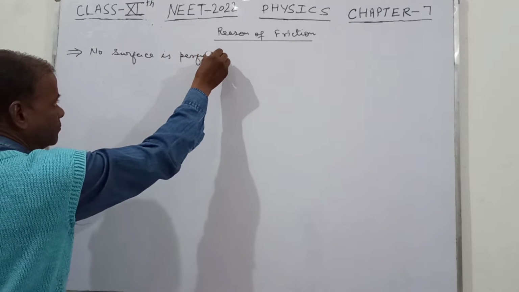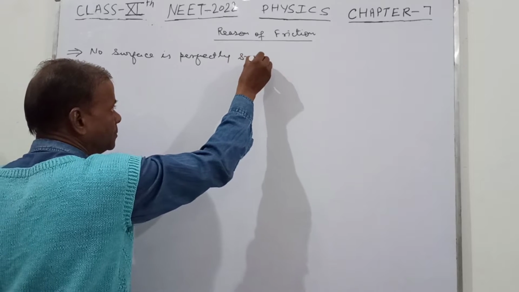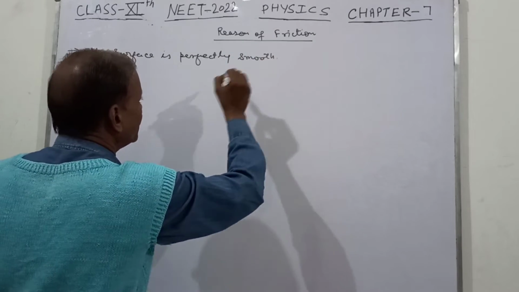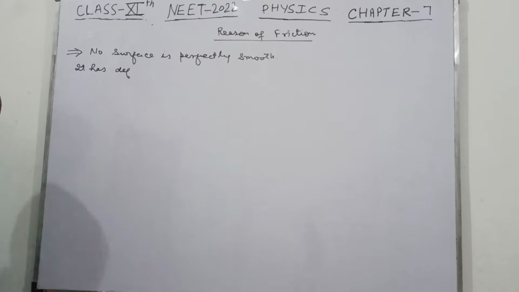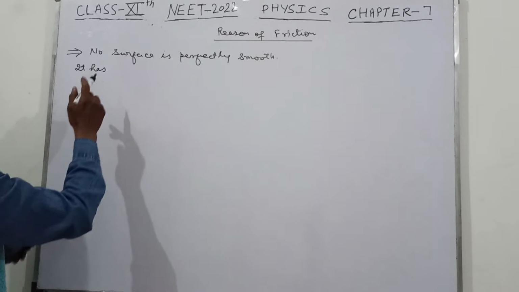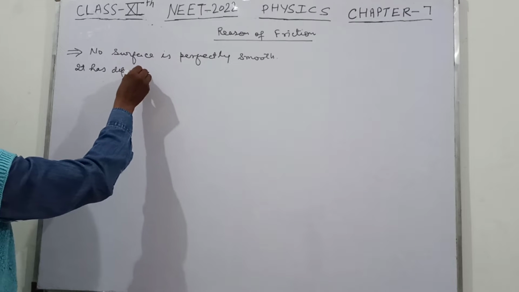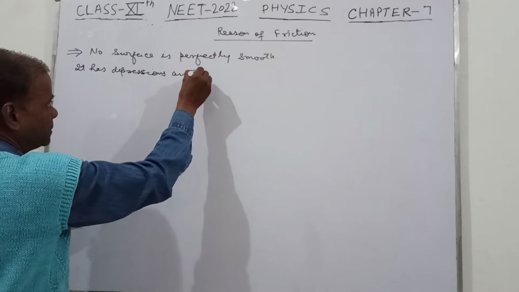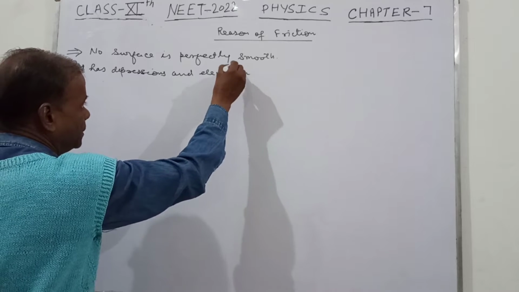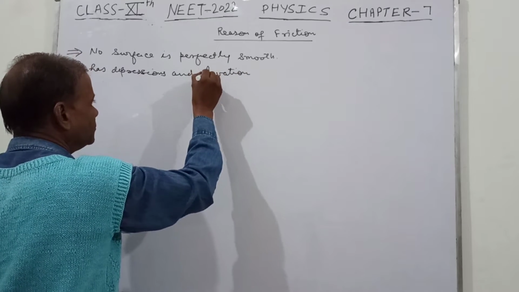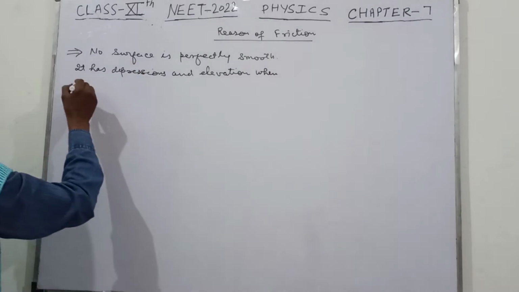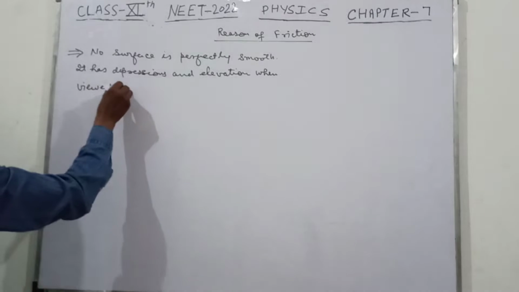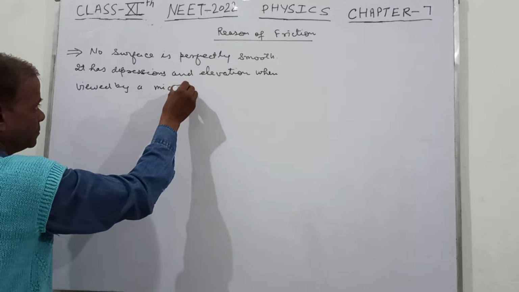No surface is perfectly smooth. It has depressions and elevations when viewed by a microscope.